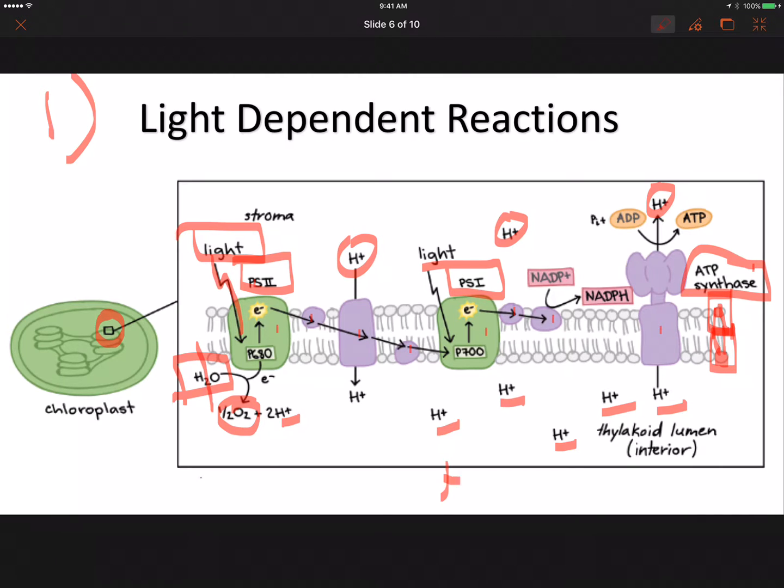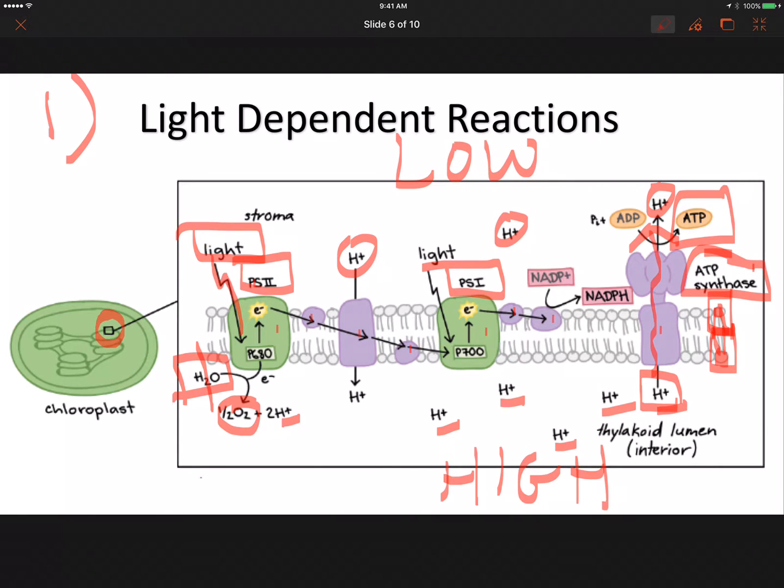So I have a high concentration on the inside, I have a low concentration on the outside, and because of that, diffusion will occur. So my hydrogen ions are going to diffuse through that enzyme, and that enzyme is going to create energy.